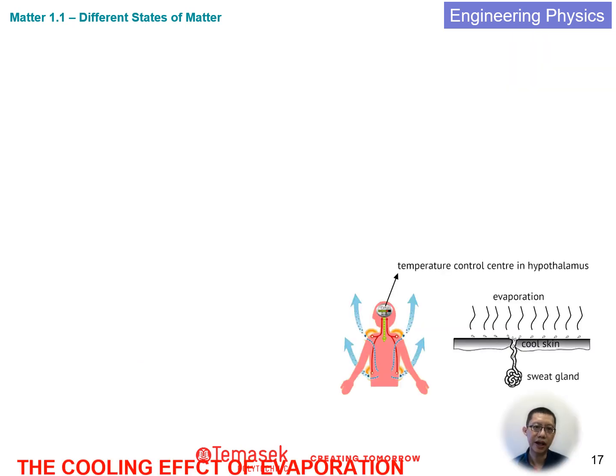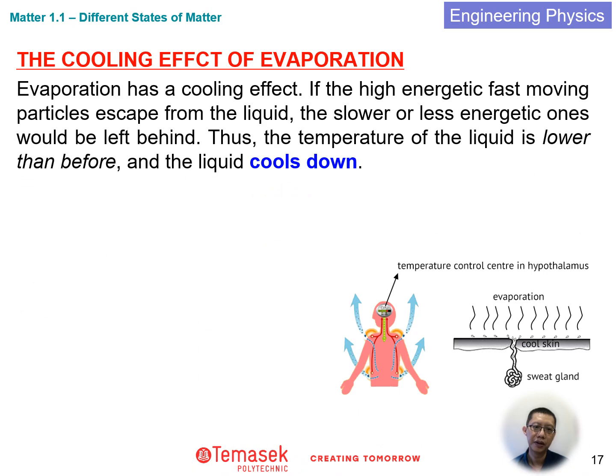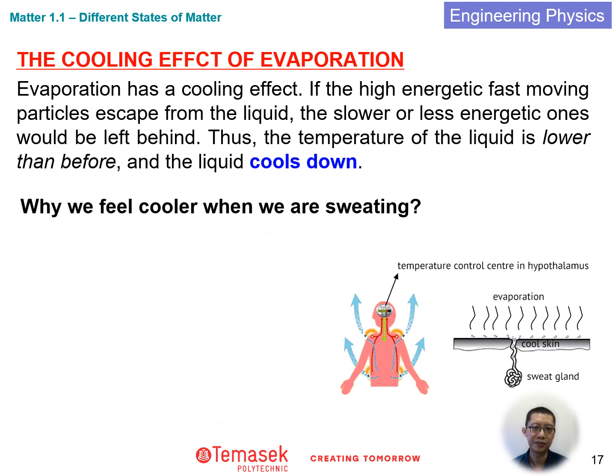This slide explains the cooling effect of evaporation. Evaporation causes cooling because when the high-energy, fast-moving particles escape from a liquid, the remaining particles are slower and less energetic. As a result, the temperature of the liquid decreases and the liquid cools down.